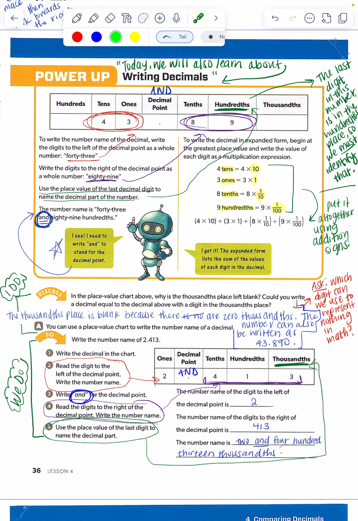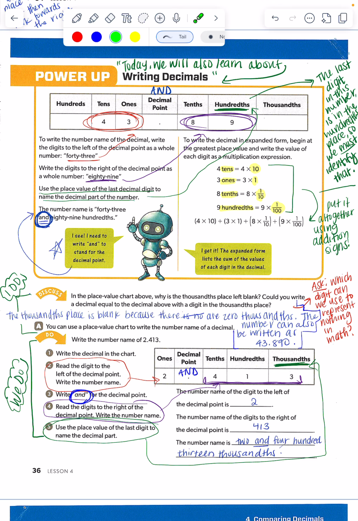Okay, imagine that this 9 was not here and it actually ended in 8. We would say 43 and 8 tenths. Okay, or let's imagine that there was a 6 in the thousands place. Then we would say 43 and 896 thousandths, right?